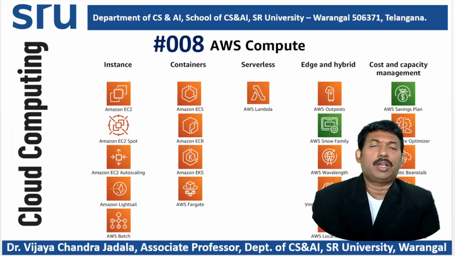As part of the compute service, we have instances, containers, serverless, edge and hybrid, as well as cost and capacity management. These are all the different subparts of the compute service.